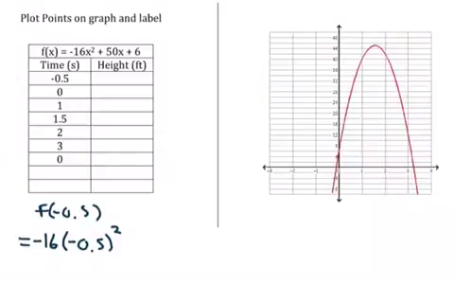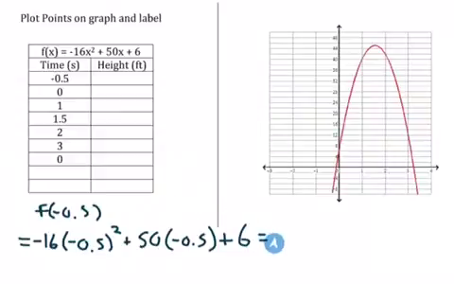And then we do plus 50 times negative 0.5 plus 6. Now, if we just type that into our calculator, what you find is that whenever your function has the input negative 0.5, our output is negative 23. Okay, negative 23.